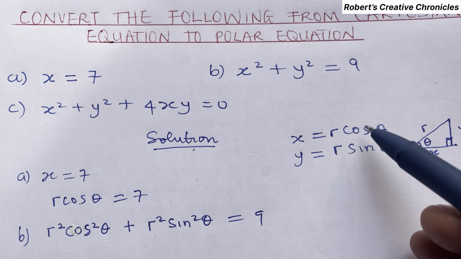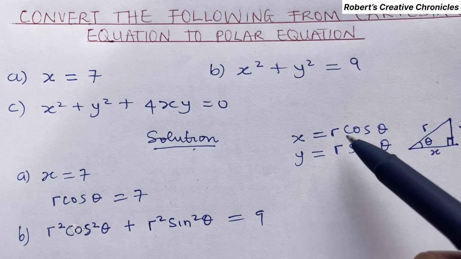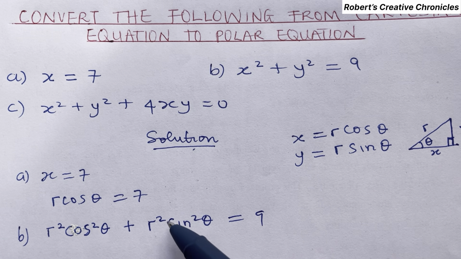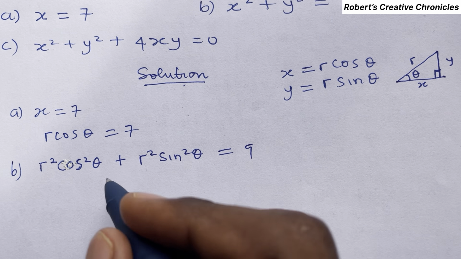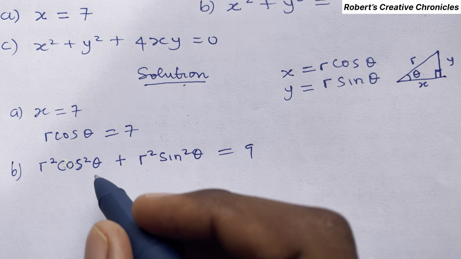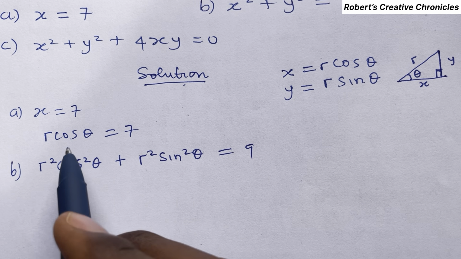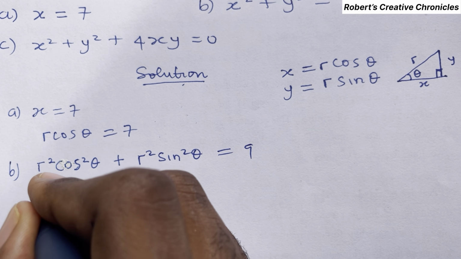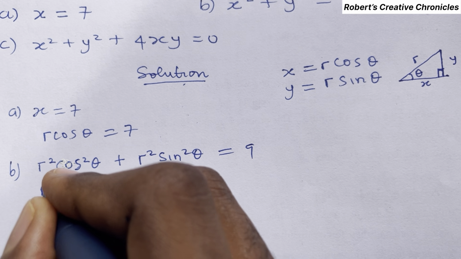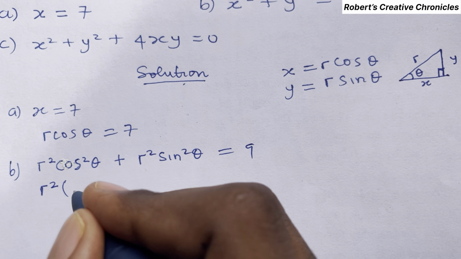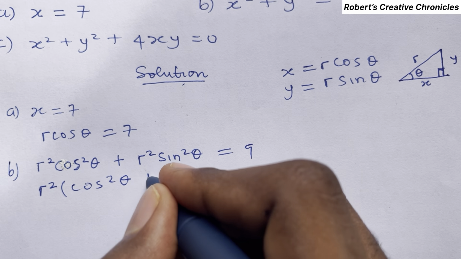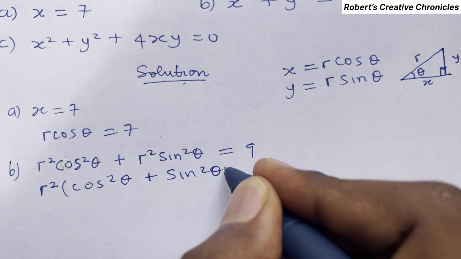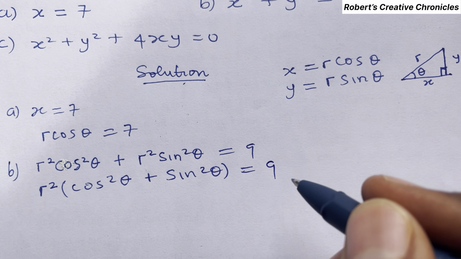So we have now substituted these two variables into this equation. This is x, so if we square it, we'll get this. And if we square this y, we'll get this. And this is equal to 9. Now, we'll factorize the left-hand side of this equation. So it will be r square times cos square theta plus sin square theta, equal to 9.